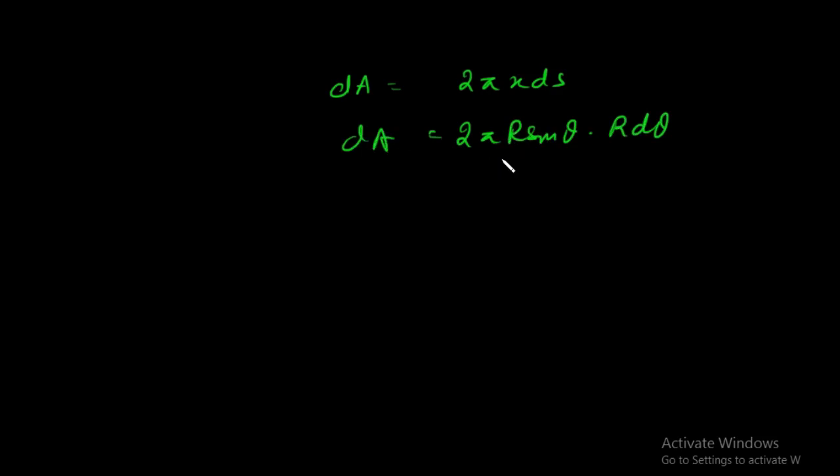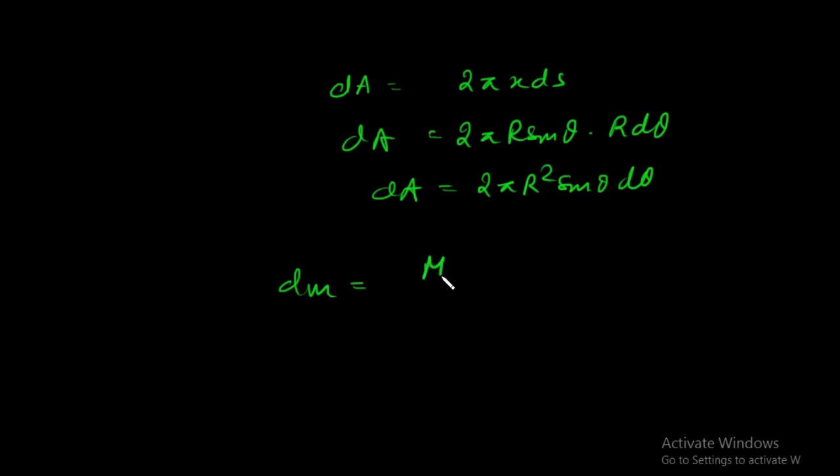So now the differential area of the ring would be equal to 2 pi x ds. What was x? x was r sine theta and ds was r d theta. So this is the differential area of the ring, 2 pi r square sine theta d theta. This is dA. Now I want to find out the differential mass. Differential mass would be expressed in terms of the surface area of the ring.